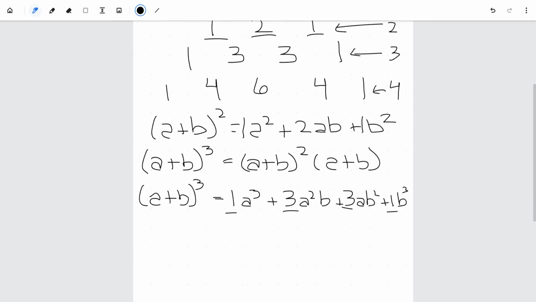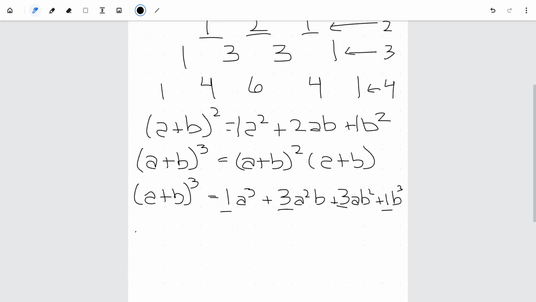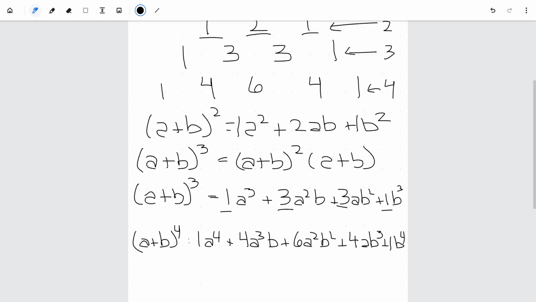You can even do this for the n equals 4 case, (a+b)^4. This will be 1 a^4 plus 4a^3 b plus 6a^2 b^2 plus 4a b^3 plus 1 b^4. As we go across from coefficient to coefficient, we see that the exponent of a is descending: a to the 4th, a to the 3rd, a to the 2nd, a to the 1st, a to the 0th in this last case.